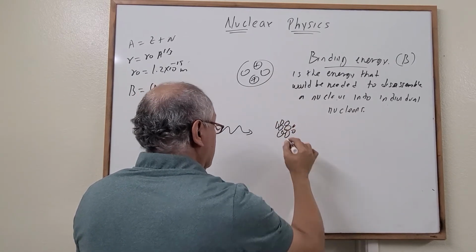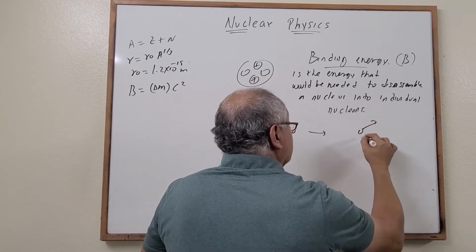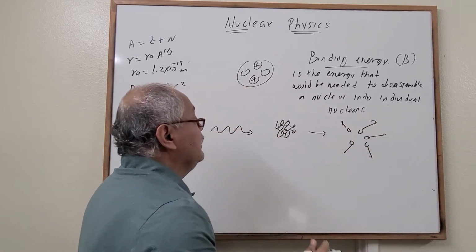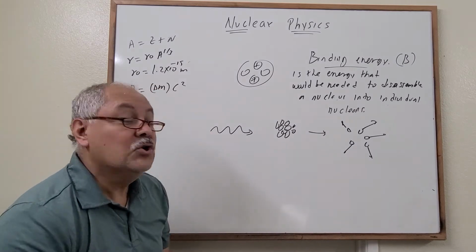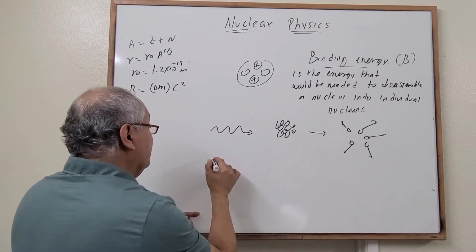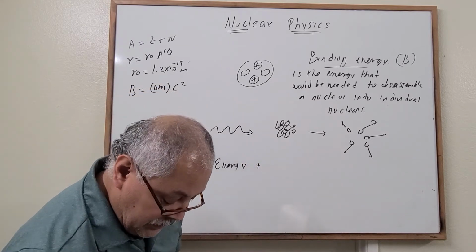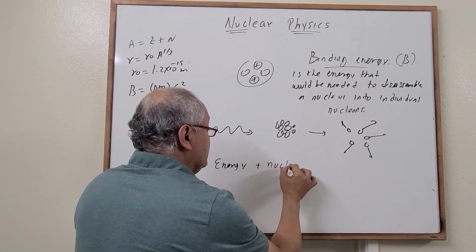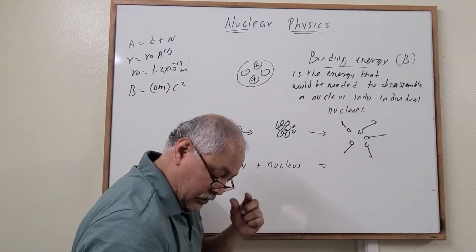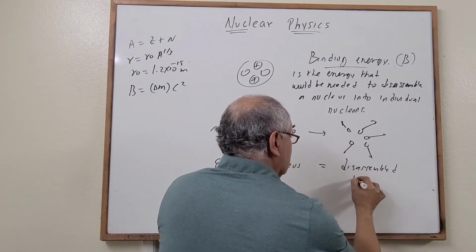Then these nucleons are disassembled; we have the separation of the nucleons. This is the binding energy. So the binding energy plus the nucleus must equal the disassembled nucleus.